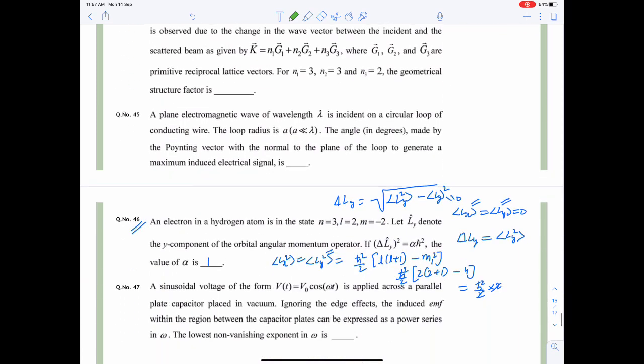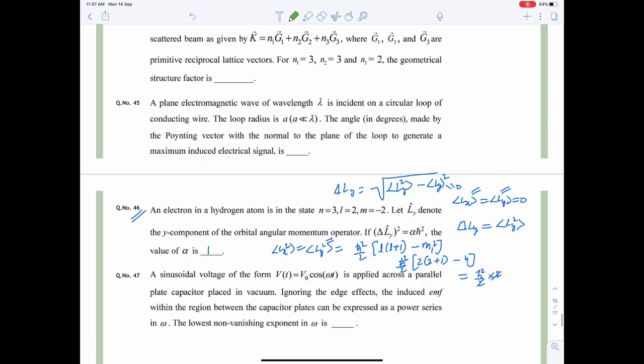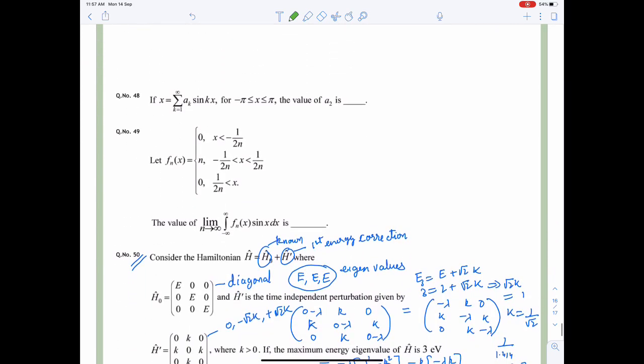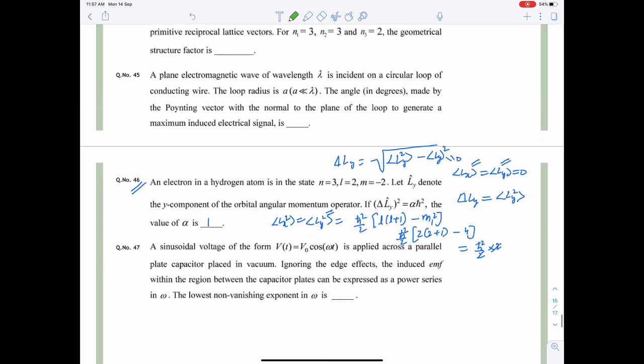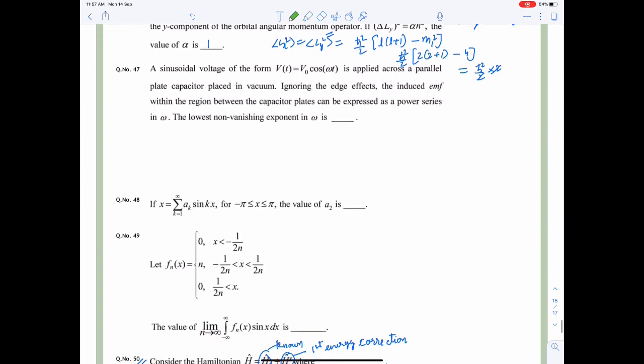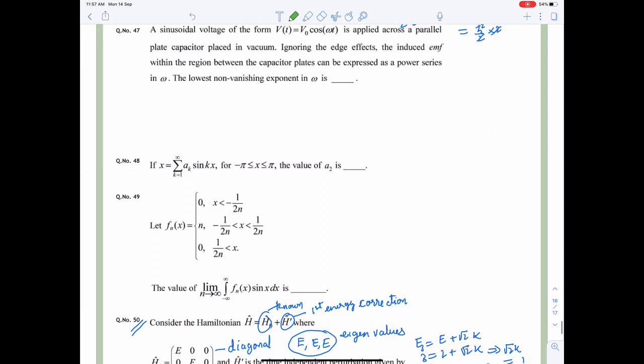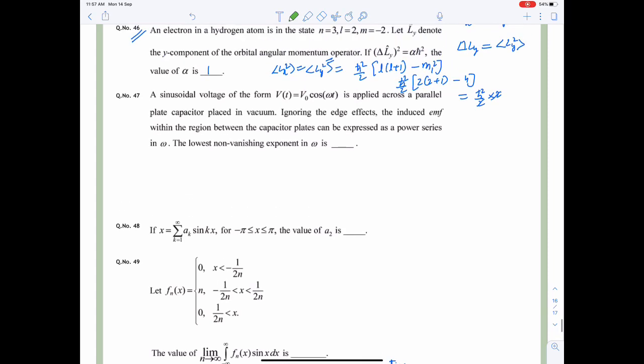Now we will move to question number 47. Moving to this question, I want to tell some basics: this is a sinusoidal wave, so it will depend upon time.